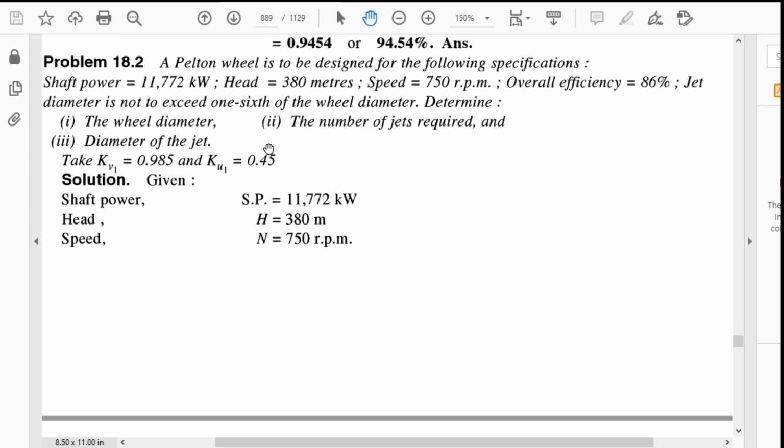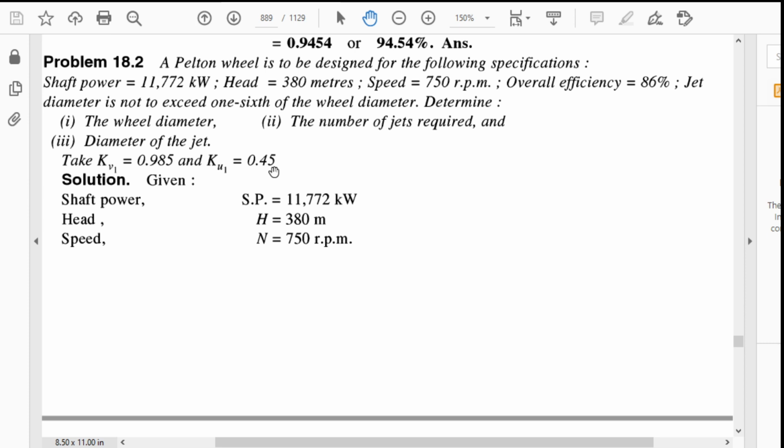Now here you can see that K is nothing but the coefficient. Here they have given KV1 and KU1. So KV1 is nothing but your coefficient of velocity as usual, and for KU1, the value is in between 0.43 to 0.48.